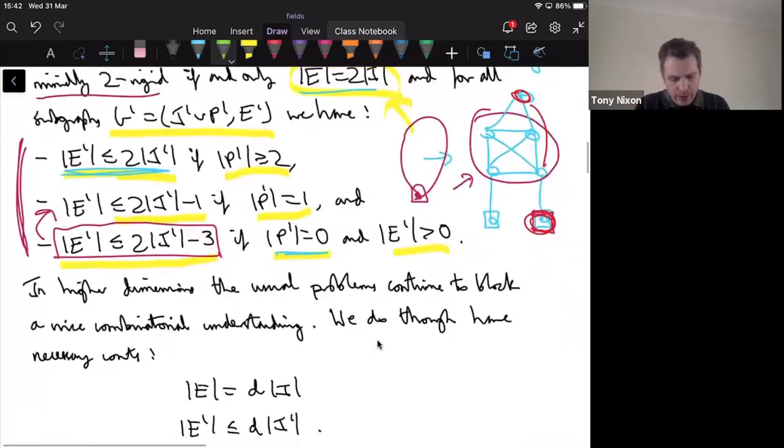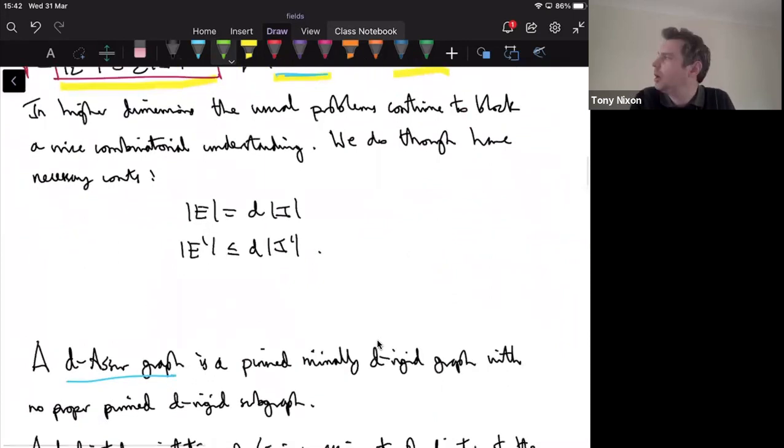Okay. So I want to talk about arbitrary dimensions for the rest of the lecture, though there's not much time left. In higher dimensions, we can't have a similar theorem, because the double banana kind of examples still prevent us from having a nice understanding of pinned d-rigidity.